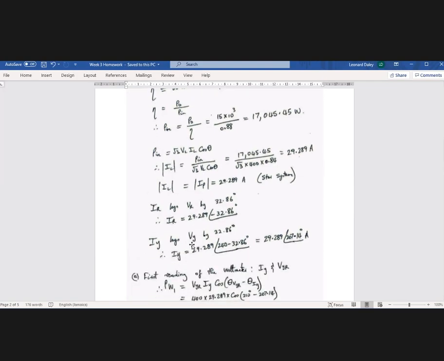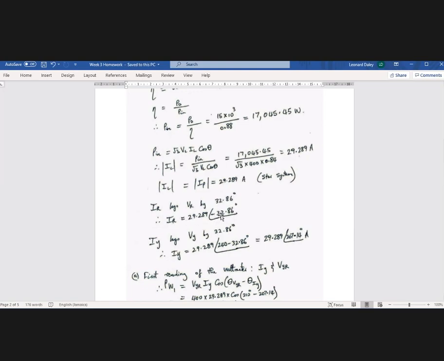All right. I found IR, but I didn't really need to find it. The only one I really needed to find was IY. Working mechanically, I found IR. So IR would be lagging VR by 32.86 degrees. That's why IR is this.